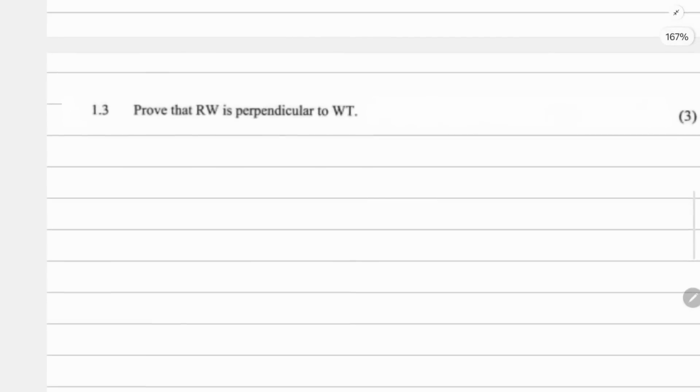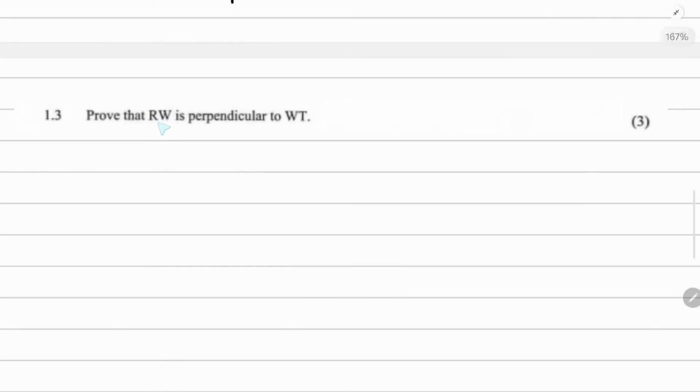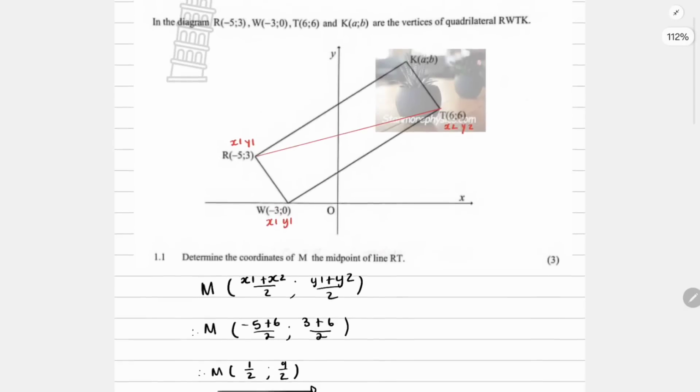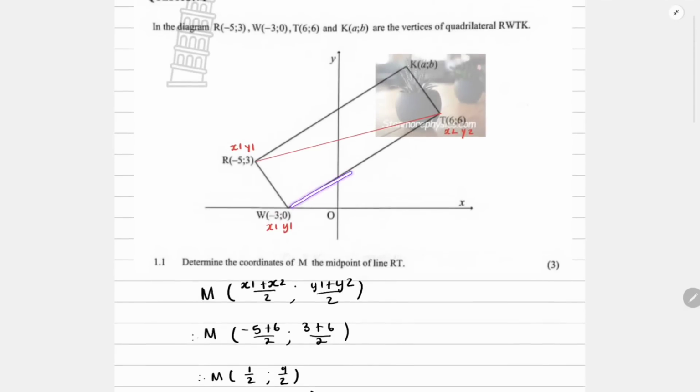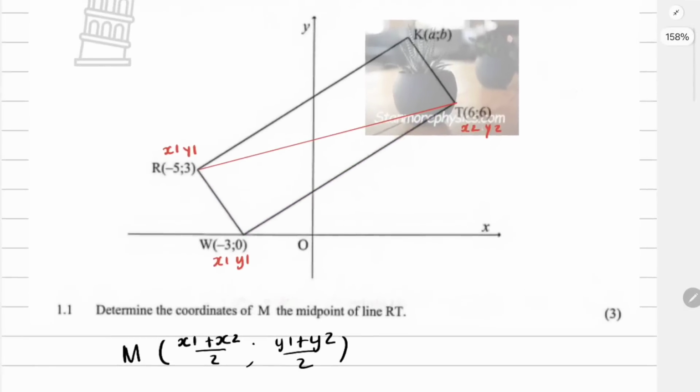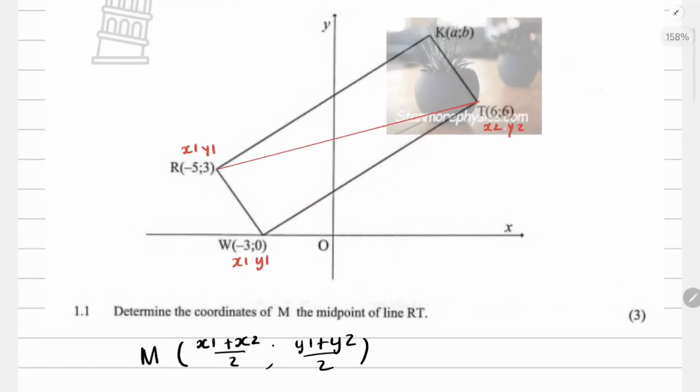The next question, 1.3, says prove that RW is perpendicular to WT. Okay, so that line we just worked with, and we just found its gradient. So we need to prove that RW is perpendicular to WT. What do you know about perpendicular lines?